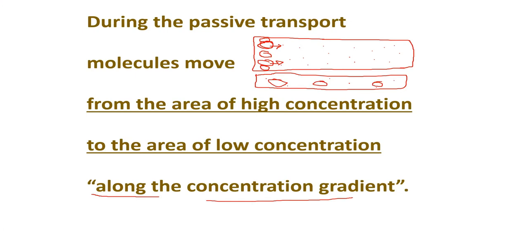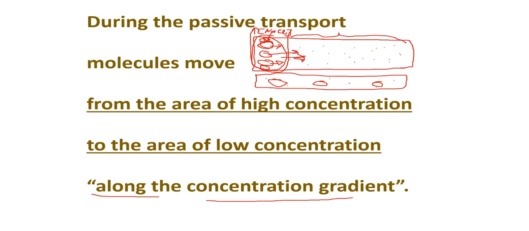So the salt crystals move from the area of high concentration to the area where none of this molecule is present, the area of low concentration. This is the high concentration area for the salt, and salt molecules will move into this other area.